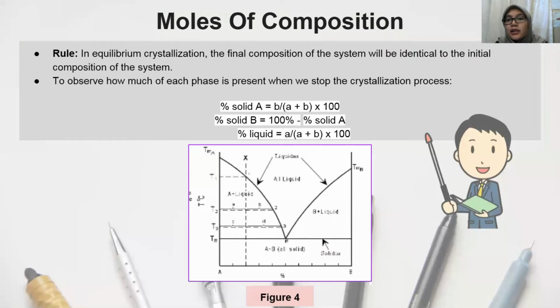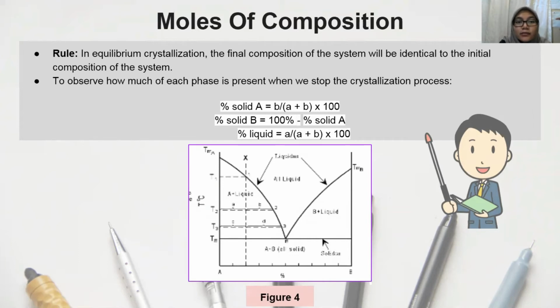Next is mole composition. The rule for mole composition is that in equilibrium crystallization, the final composition of the system will be identical to the initial composition of the system.